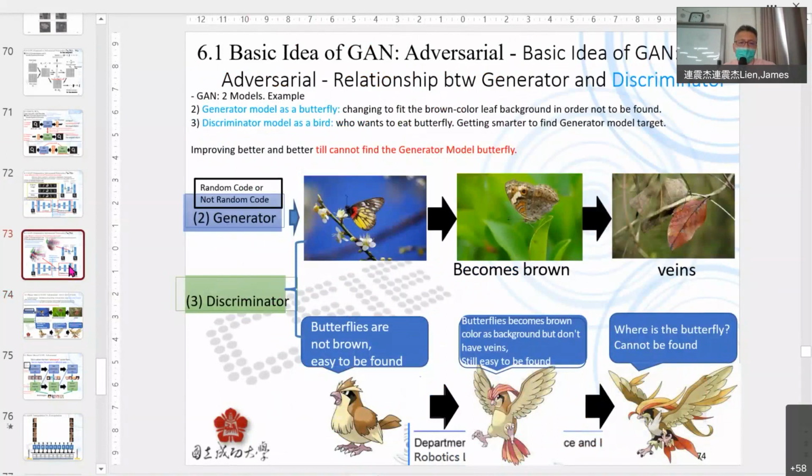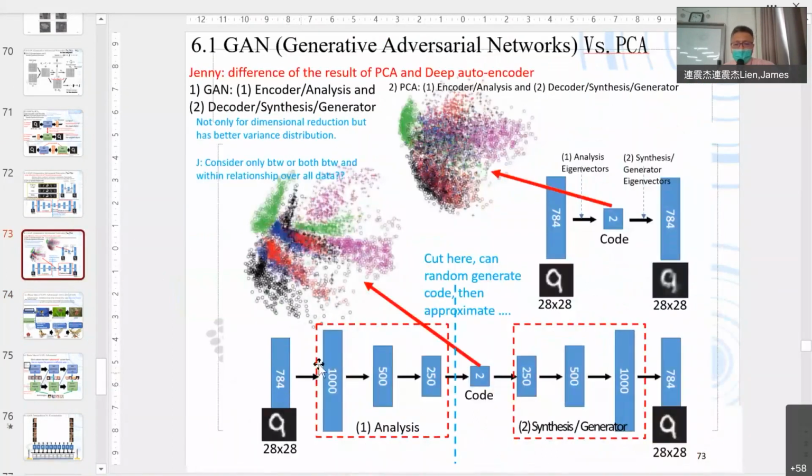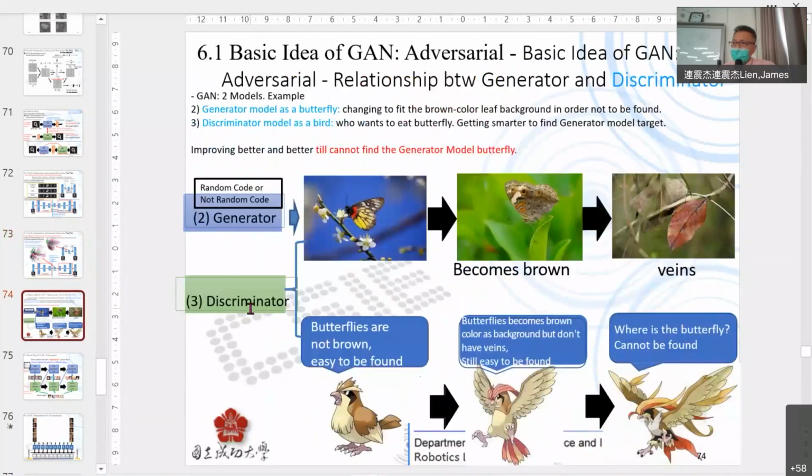It's because GAN is the original one: you do projection, encoder, decoder, and then do the discriminator.